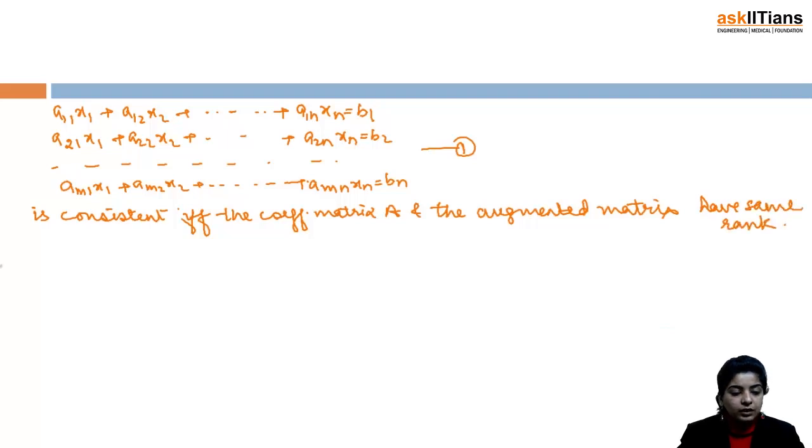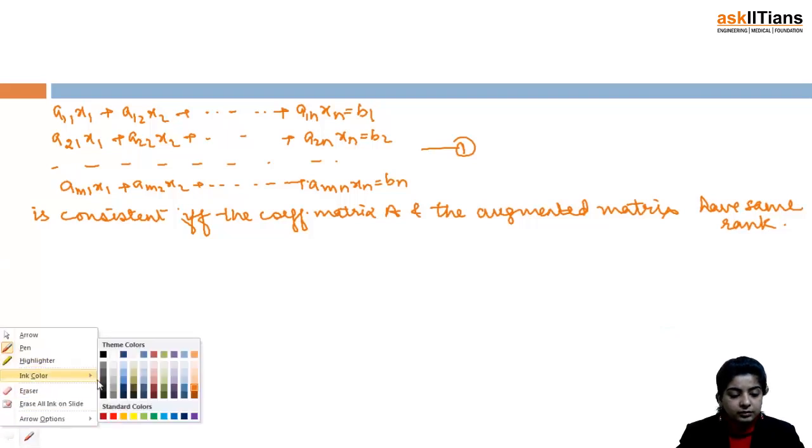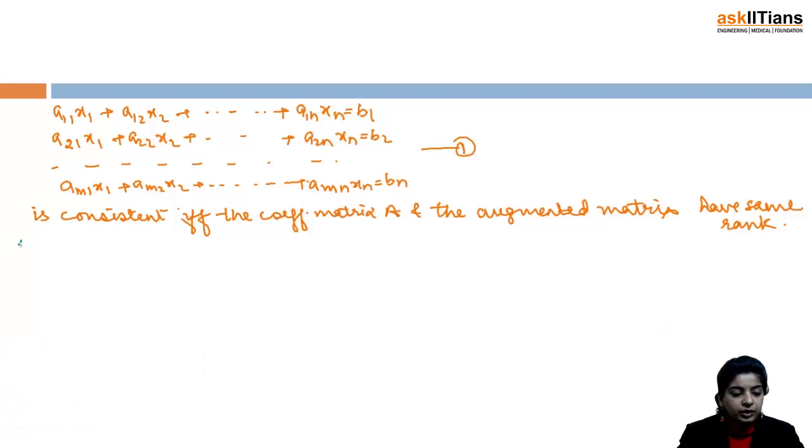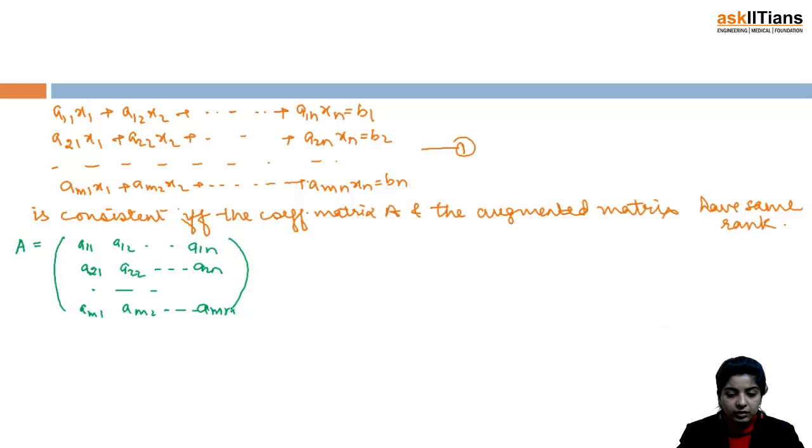Now at least you know what the coefficient matrix is, and you can easily construct it. A would be a11, a12, so on a1n, then a21, a22, a2n, and so on am1, am2 and amn. This is the coefficient matrix.